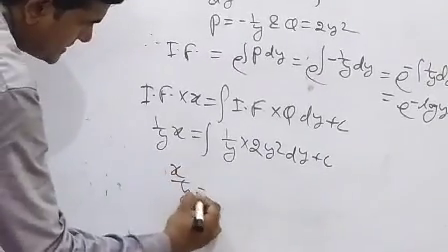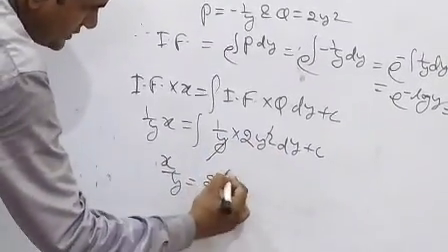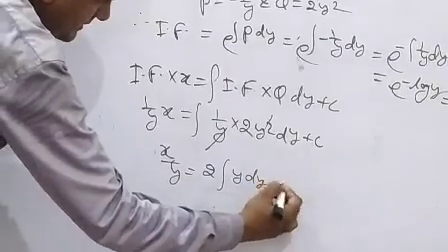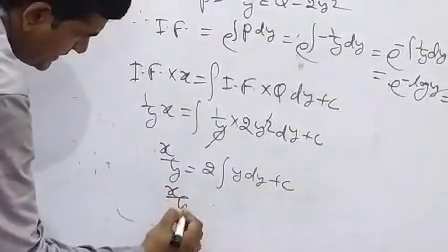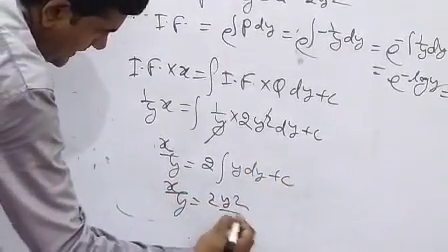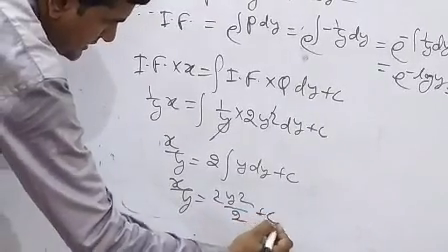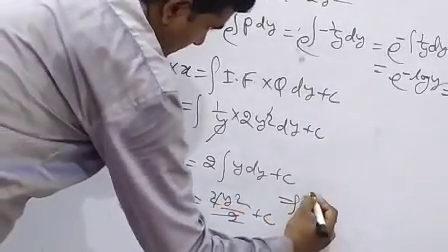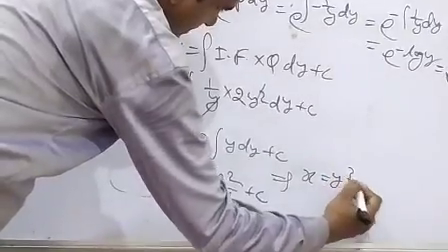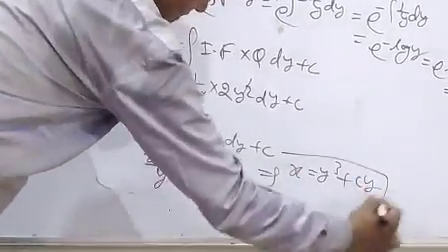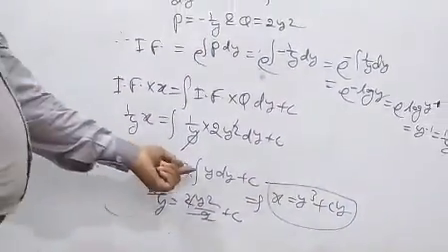Then x by y is equal to, cancel, 2y dy plus c. x by y is equal to what? 2y square by 2 plus c. Cancel here. x is equal to y cube plus c into y. Now this is the answer.